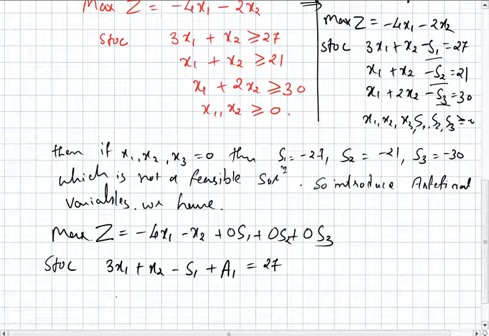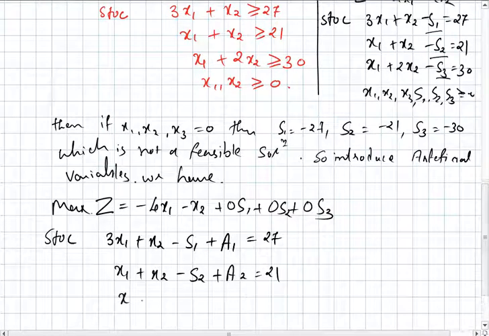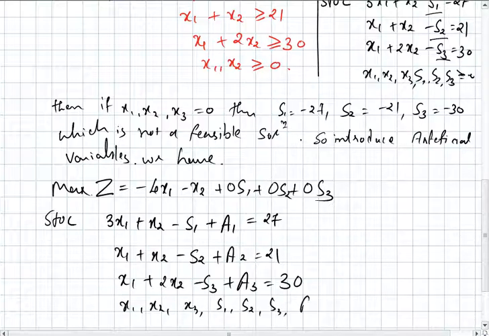From the second constraint, x1 plus x2 minus s2 plus a2 equals 21. Then x1 plus 2x2 minus s3 plus a3 equals 30. Here x1, x2, s1, s2, s3, a1, a2 and a3 are all greater than or equal to 0.